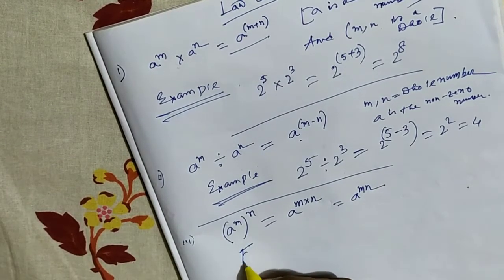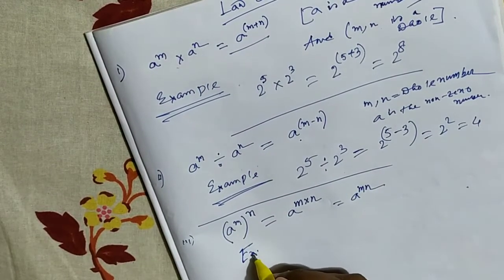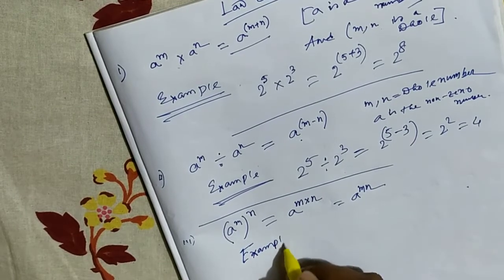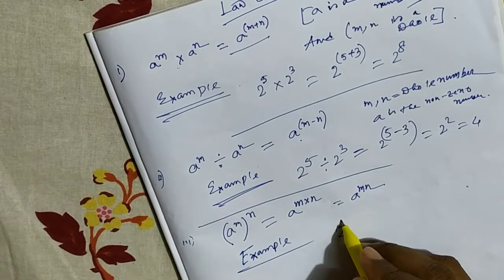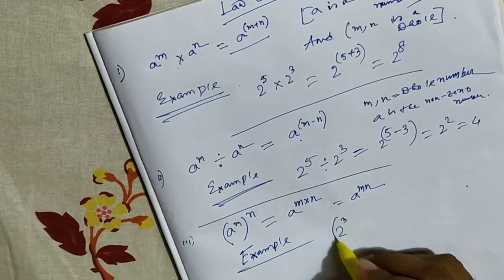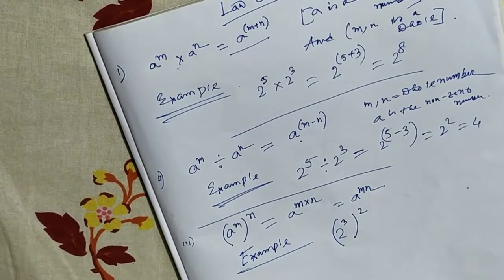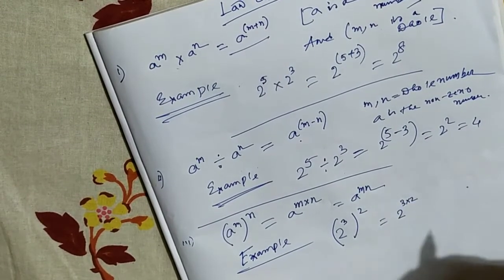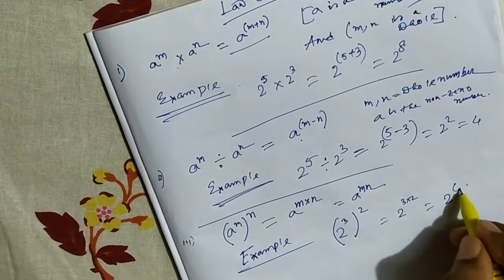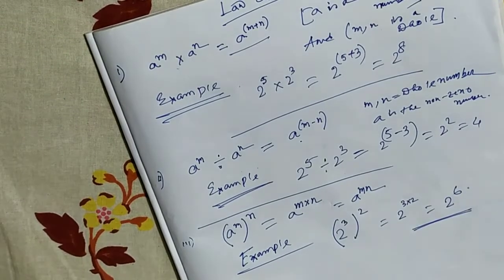For an example, 2 to the power 3 whole to the power 2 is equal to 2 to the power 3 into 2, that is 2 to the power 6. This is the answer.